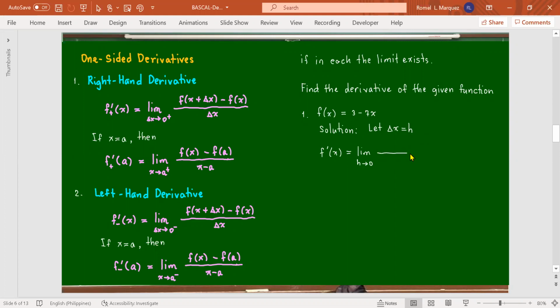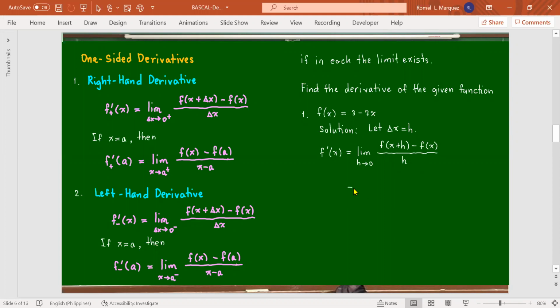Para lang hindi nakakapagod isulat. Di ba nakakapagod isulat delta x? Two symbols pa yon. For simplicity, let it be h, or any letter you want. Wag lang x and y, of course. Therefore, over h ito. Okay?